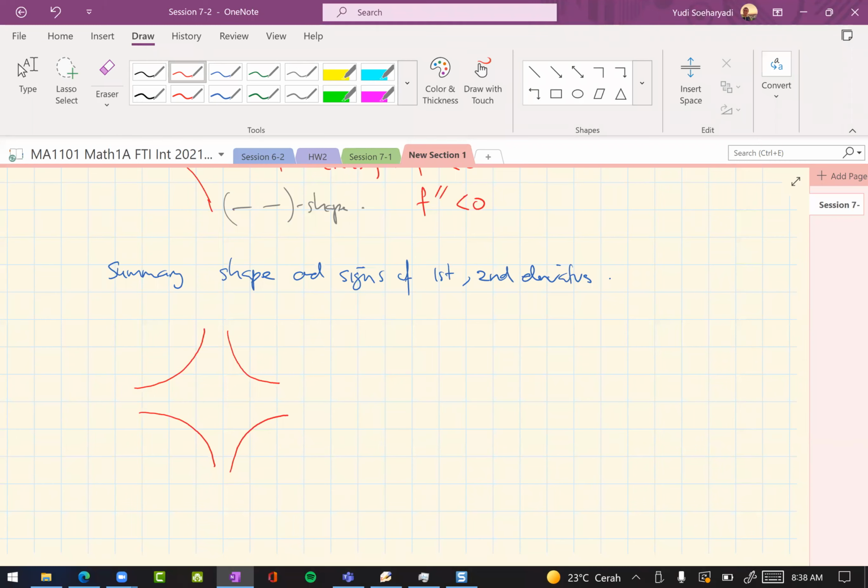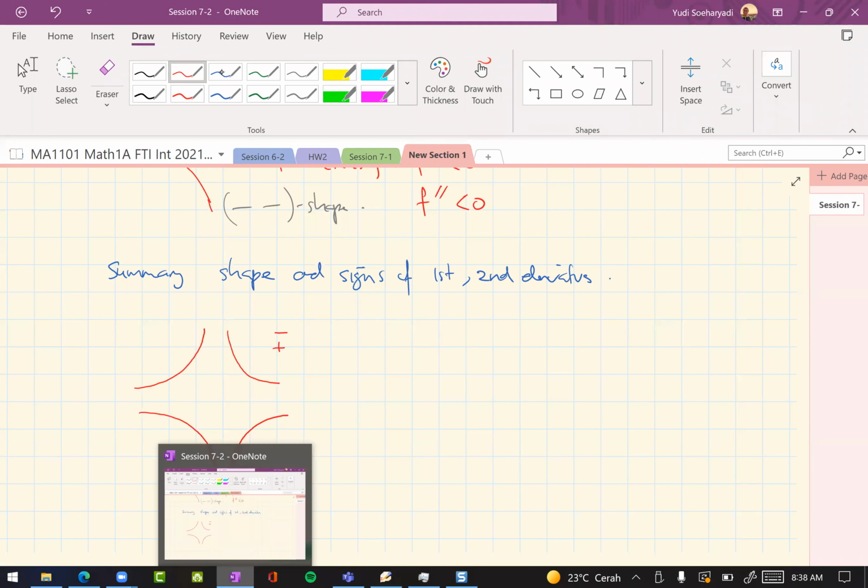I usually write this down going vertically. So this shape is going down. So this is negative, and this is concave up. First derivative. This is second derivative.